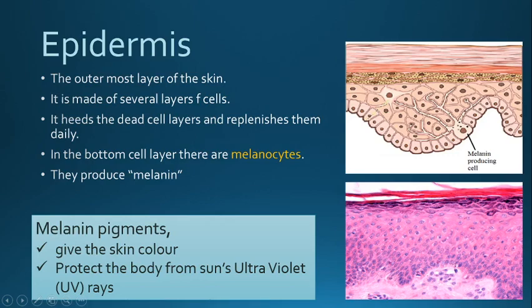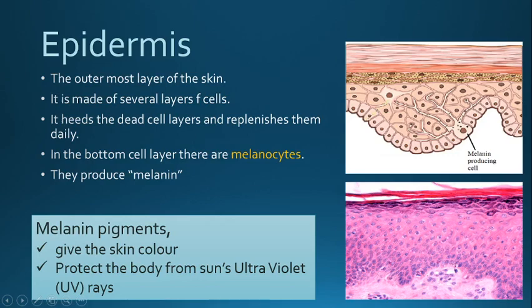What are the functions of melanin? Why is it so important to us? Melanin is a pigment. This pigment gives the skin its color or complexion. Also, melanin helps to protect the body from ultraviolet rays coming with the sunlight.